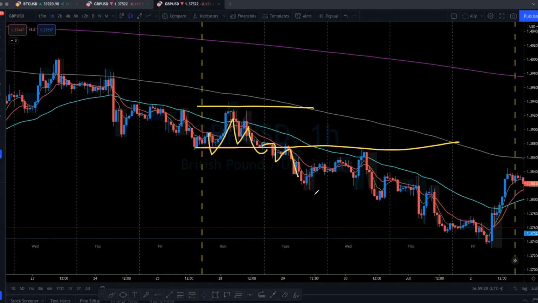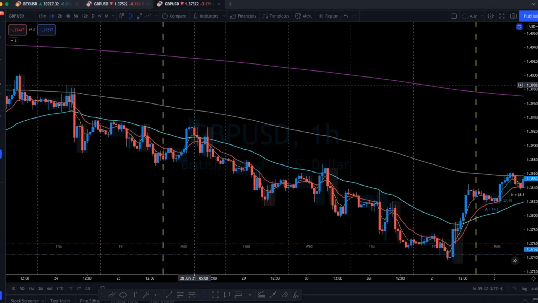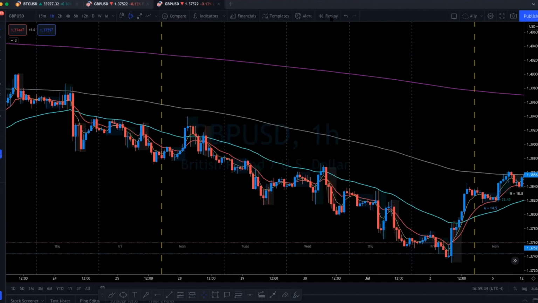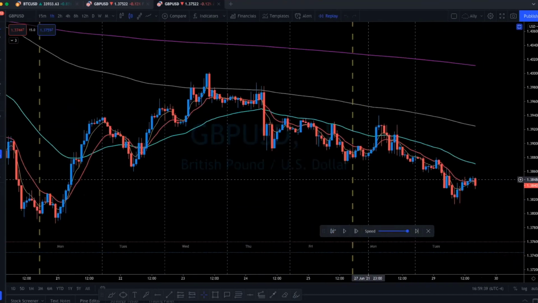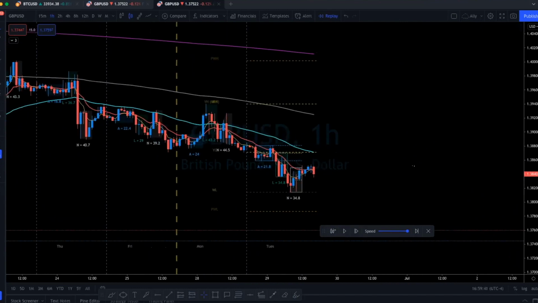on a trending cycle. You could have at the very beginning of the week, so like this week right here, let's say if we go back and replay this. If this is Tuesday, there's no way that this could be an accumulation cycle because the Sunday high low is already broken, right?